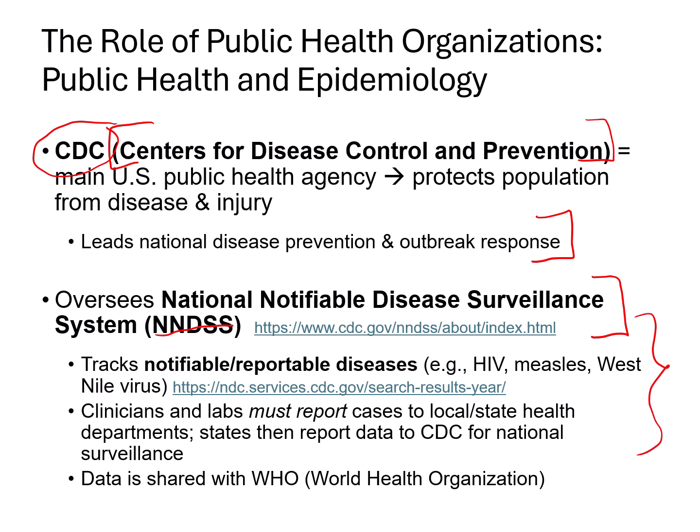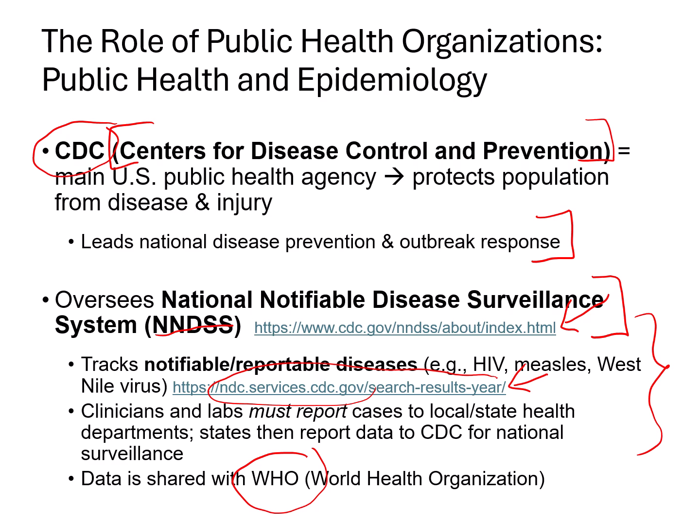States then report aggregated data to CDC via this NNDSS, this National Notifiable Disease Surveillance System. And then the CDC will share data with the World Health Organization for global surveillance. So if you're interested, you can go to this link over here to learn more about the NNDSS data, and you can also see the list of notifiable diseases at the link here, and you can search the list by year.